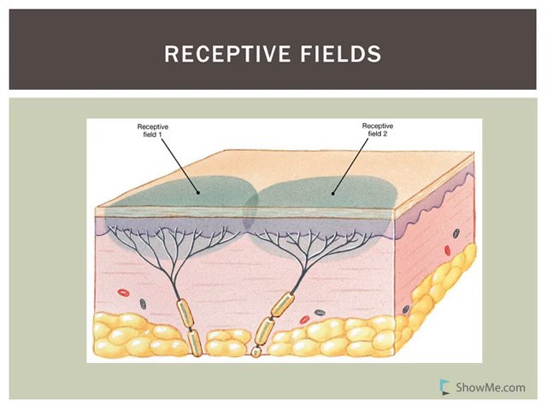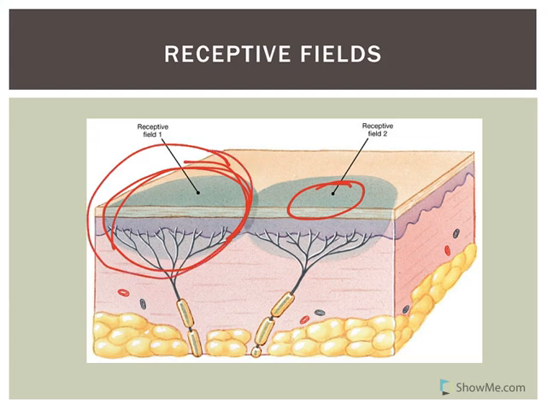You have these different receptors that have what we refer to as different receptive fields. A receptive field is an area within a receptor that can detect a stimulus. So here's a receptor. This is the area that it can detect any type of stimulus. But some types of receptors have very small receptive fields, and you have ones that have very large receptive fields.